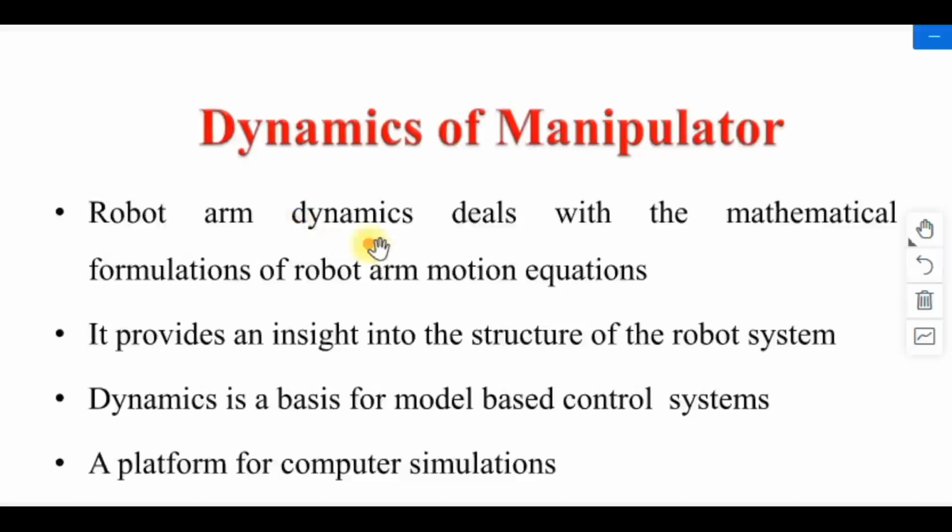Now the robot arm dynamics, the dynamics of manipulator. The robot arm dynamics deals with the mathematical formulation of robot arm motion equation. So when you model a manipulator, the dynamics equation plays an important role.